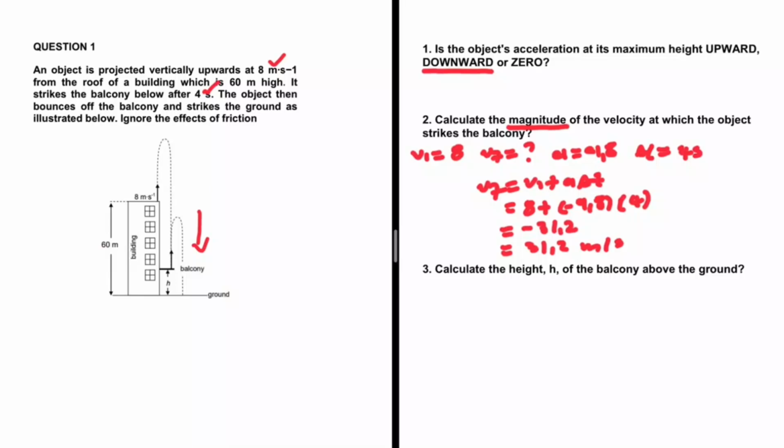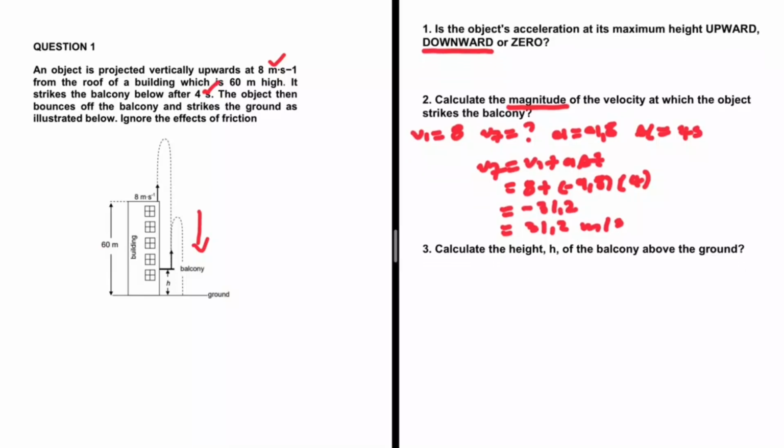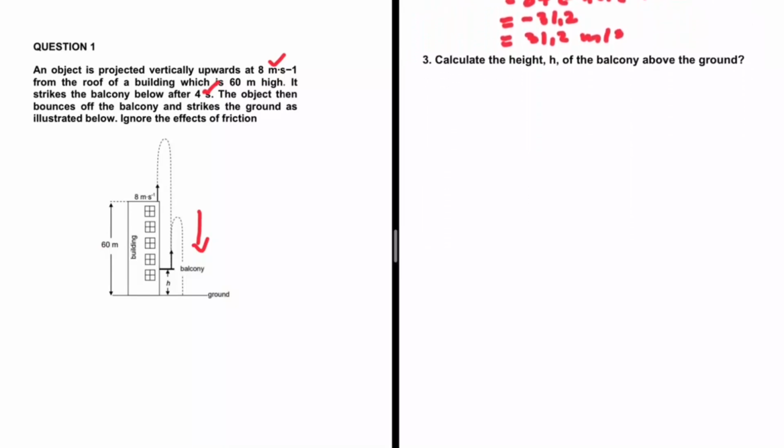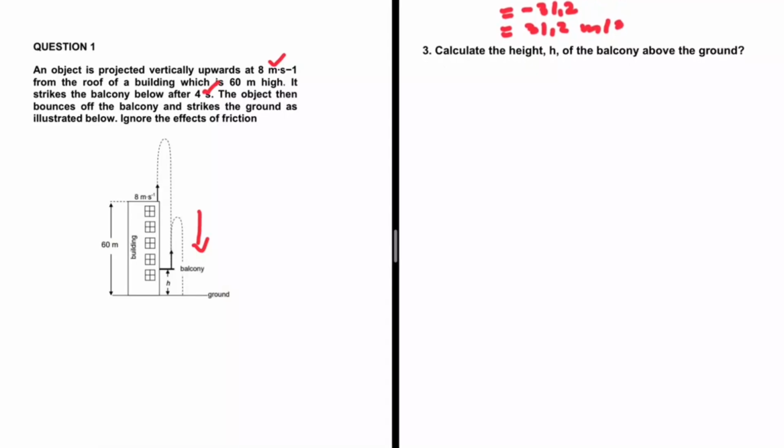Let's move to the third question. In the third question, we are supposed to calculate the height h of the balcony above the ground. As soon as I hear height, I'm thinking displacement. Some way, somehow, I have to calculate the displacement, because how can you calculate height without calculating displacement, right?